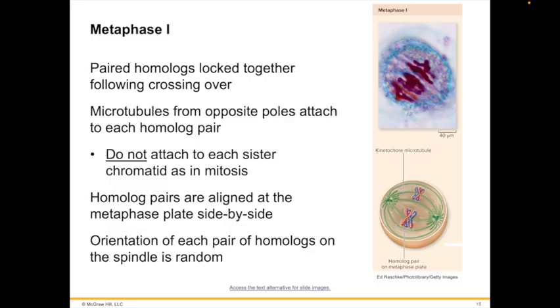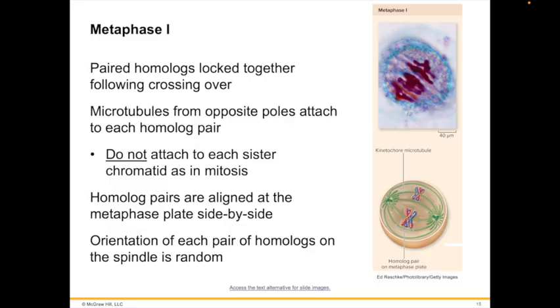Therefore, microtubules from opposite poles are attached to the homologs and not sister chromatids, as occurs in mitosis. We call this monopolar attachment, as each homolog is attached to one pole instead of having its sister chromatids attached to the opposite pole in the bipolar fashion of mitosis.